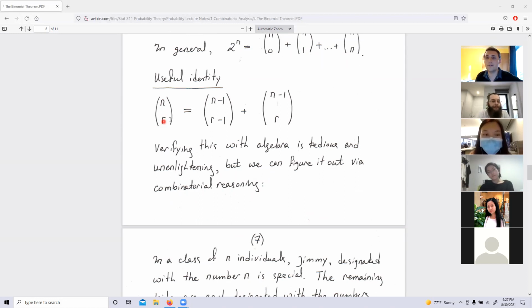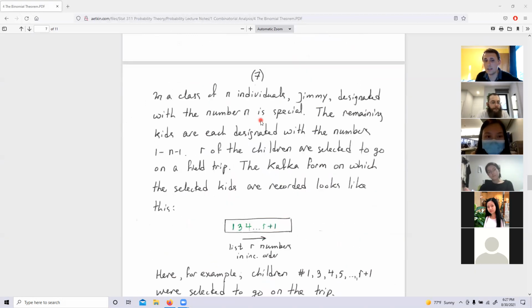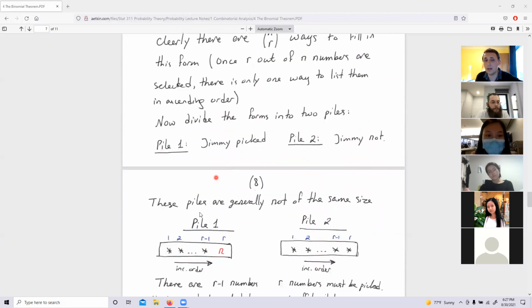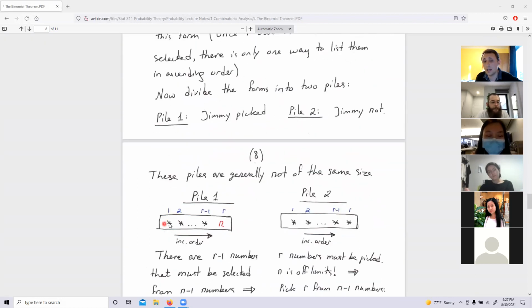So if I choose r students, how many situations are there in which Jimmy is present? If Jimmy is present, that means pile 1 is where Jimmy is present. I don't know what the first r minus 1 numbers are, but I know the last number is n. And in the remaining pile, I know there is no n, and there are only n minus 1 numbers available for me.